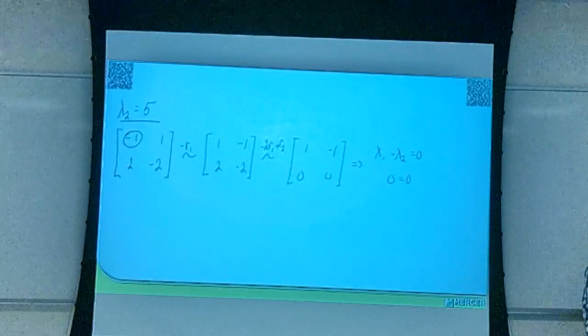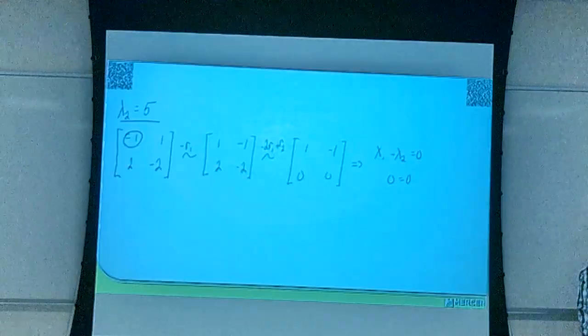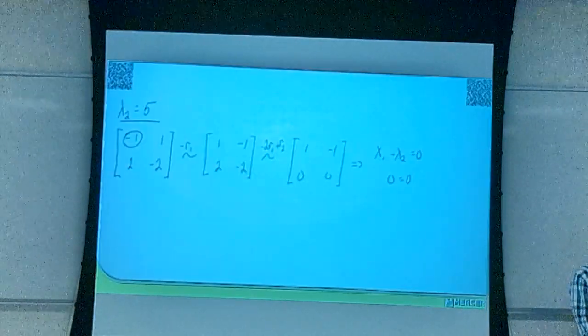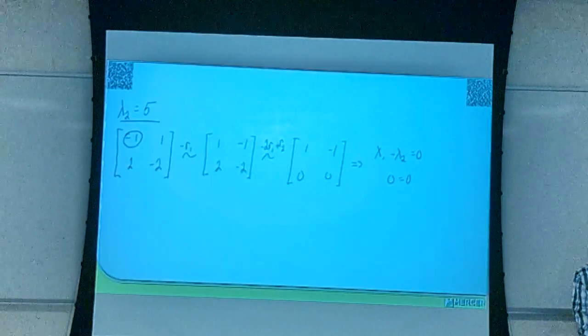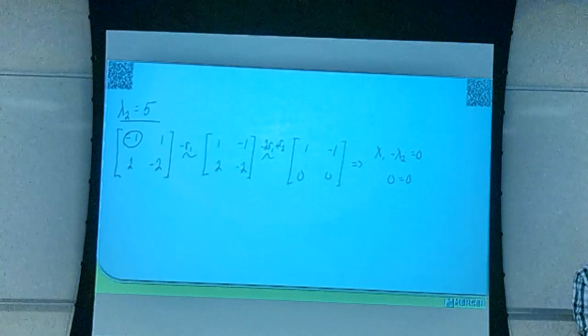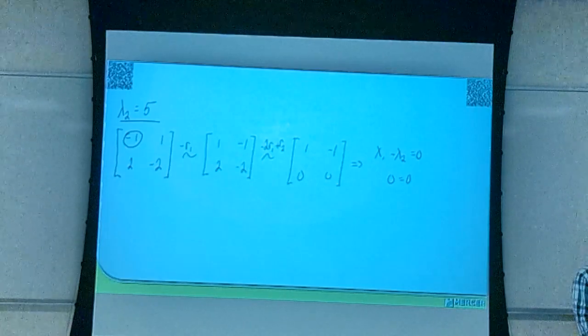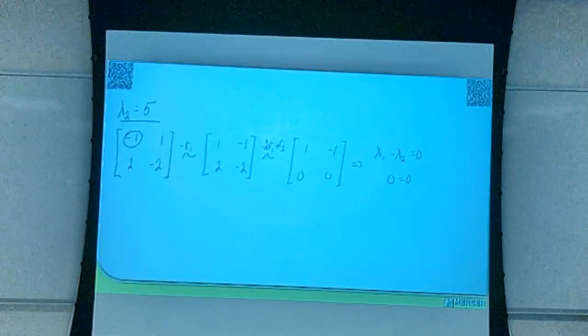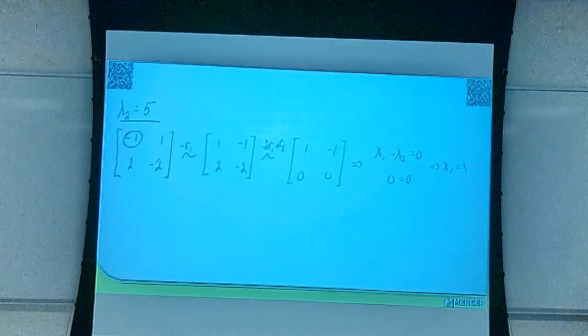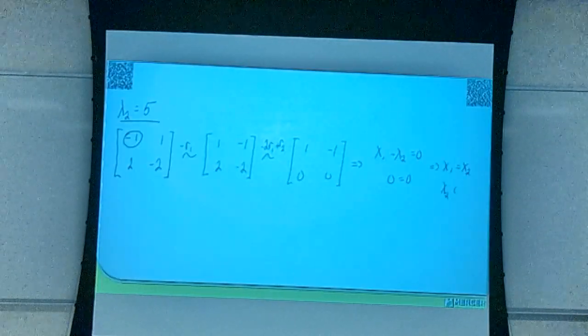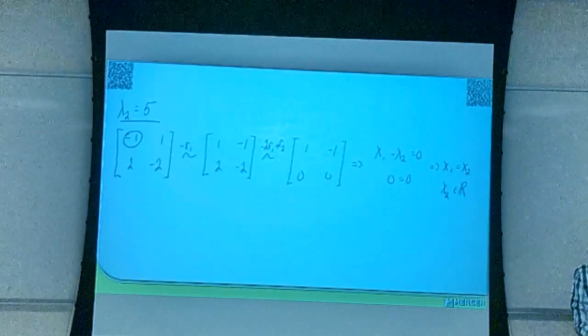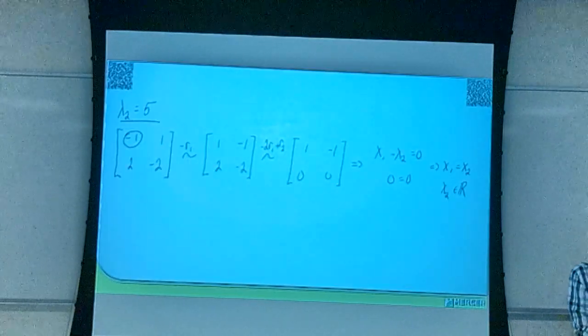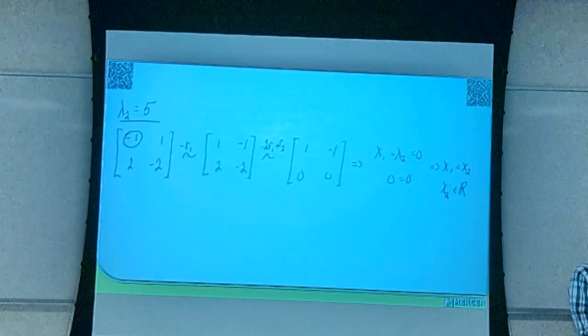That corresponds to this system. x1 minus x2 equals 0, 0 equals 0. Again, that 0 equals 0 is a tautology. Doesn't really add any value to our system. The solution to that system is x1 equals x2, and x2 is any real number.